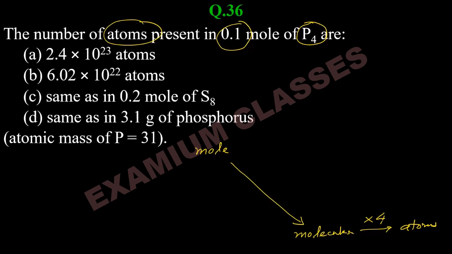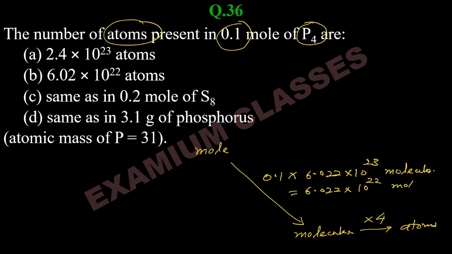How simple it is. When you convert mole to molecules, you multiply by Na. So you have 0.1 mole multiplied by Na. These many molecules. It means 6.022 into 10 to the power 22 molecules. 0.1 is actually 10 to the power minus 1, so it will be 10 power minus 2.